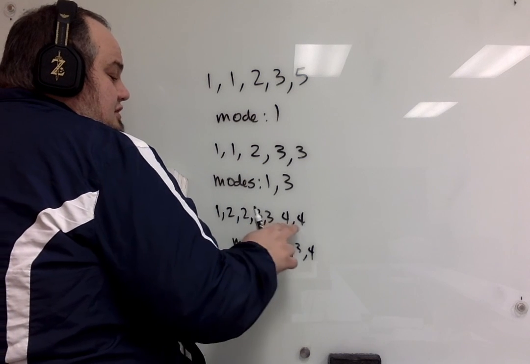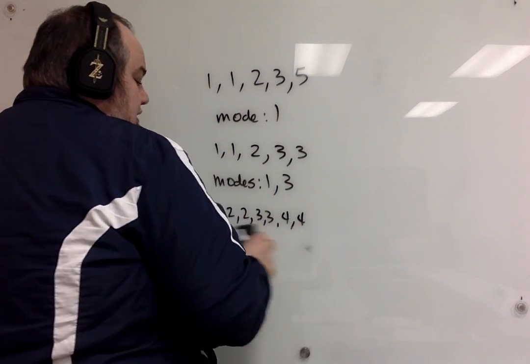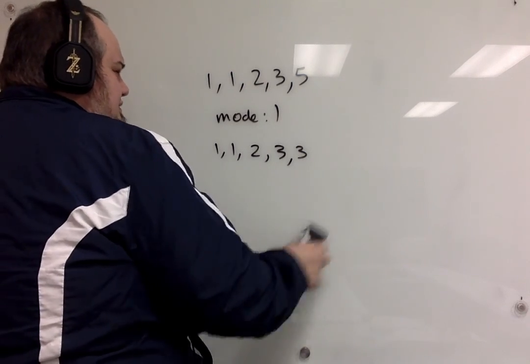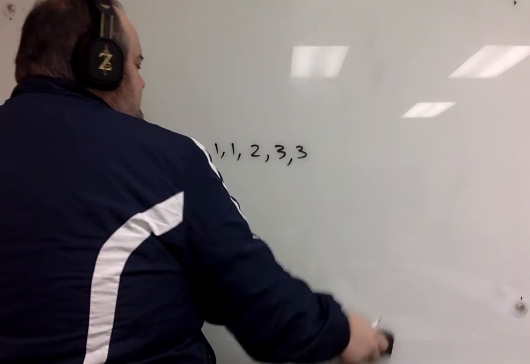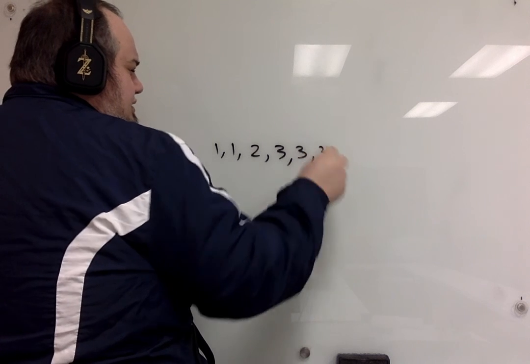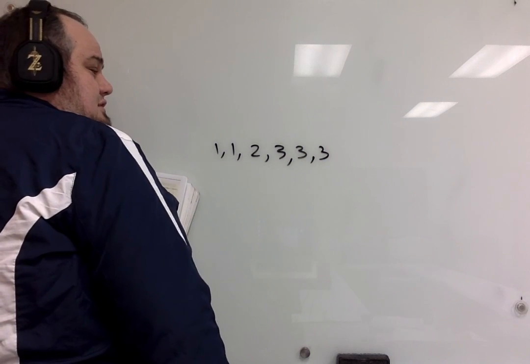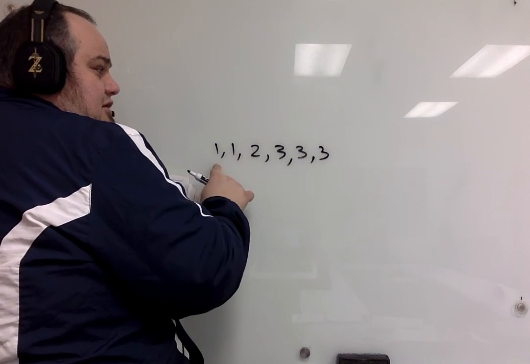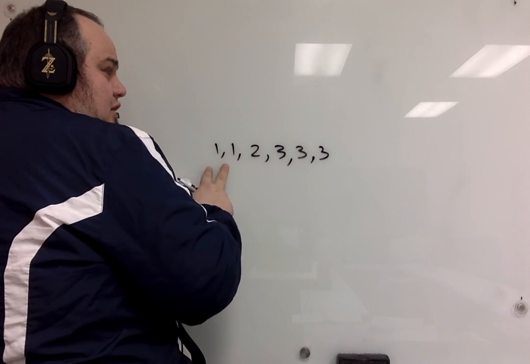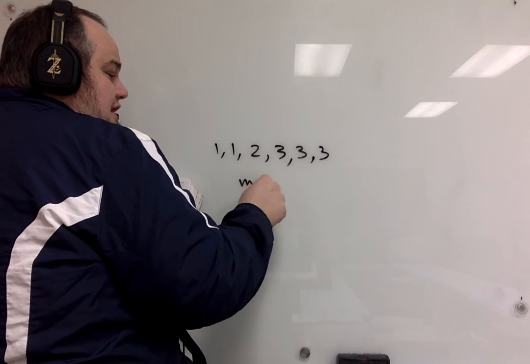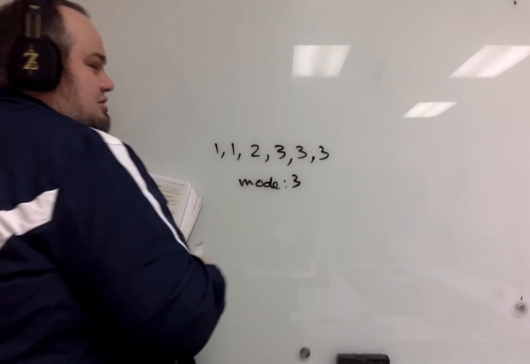The other ones each occur more than once. Now, if we had an example, let's just reuse this one, where now 3 is 3 times. Well, 1 is no longer a mode because 3 occurs more than 1. So this one would just have one mode again. This would just be 3.